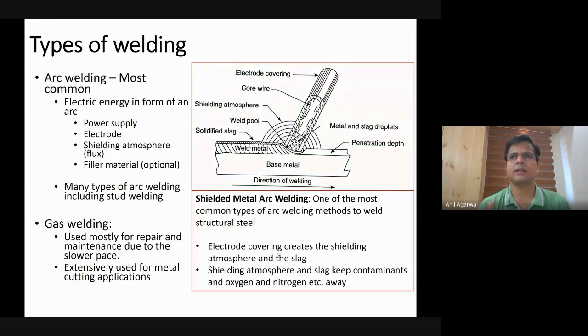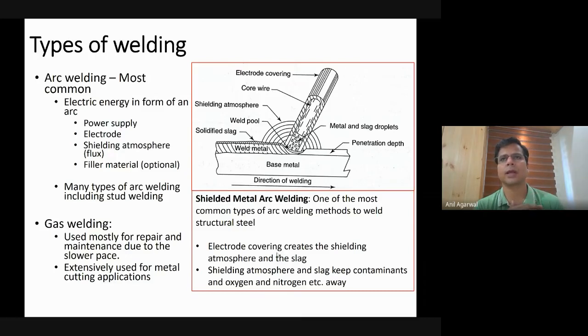The challenge with that is that it is not very easy to do on an inclined surface. If the surface is not perfectly horizontal, all that flux material that you deposit will roll off, slide off. It will not stay there. Therefore, you need a horizontal surface, at least in that neighborhood, wherever you are doing the welding.